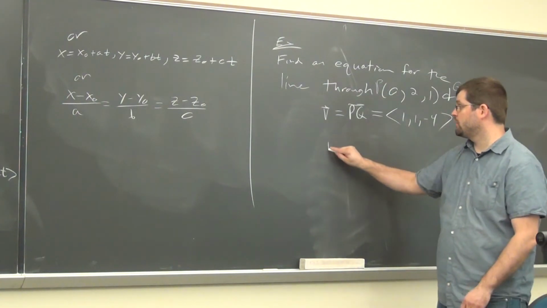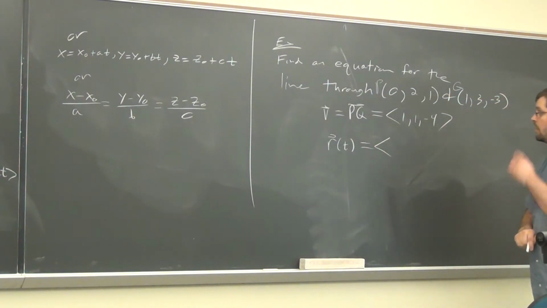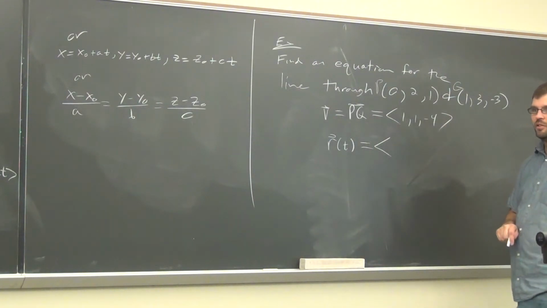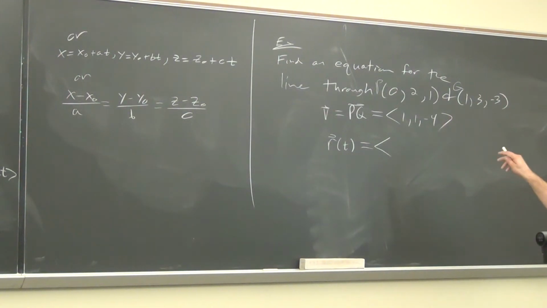And so then your equation of your line, I'm just going to do the vector form of it, will be what? You have x naught, y naught, z naught as your point, and you can pick either one of these points.